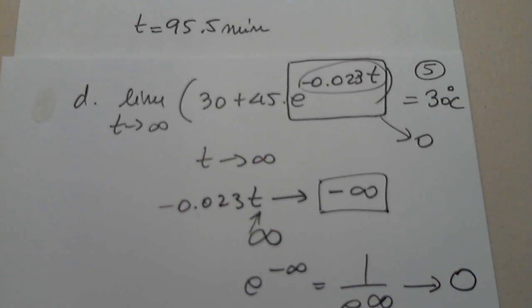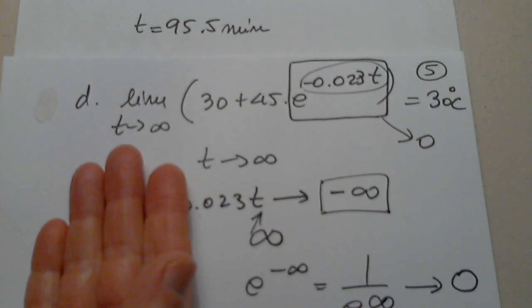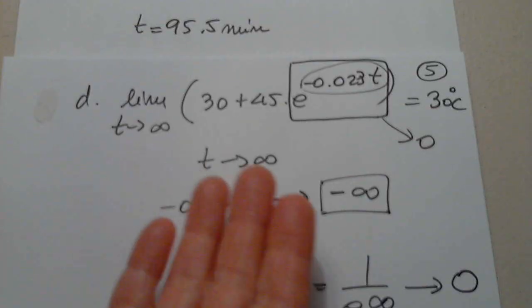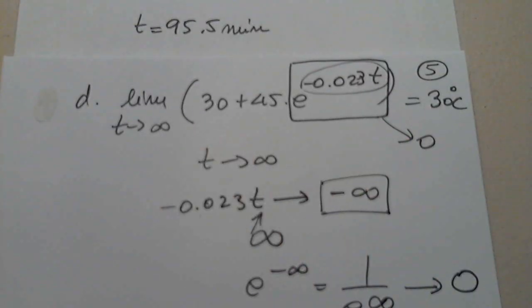I'm going to plug in 5,000 minutes. I'm going to plug in 8,000 minutes. It's already done. It cannot go any lower than 30. So therefore, the limit of the function as time goes by with no limit is 30, because that means the temperature of the environment is 30. It cannot go lower.